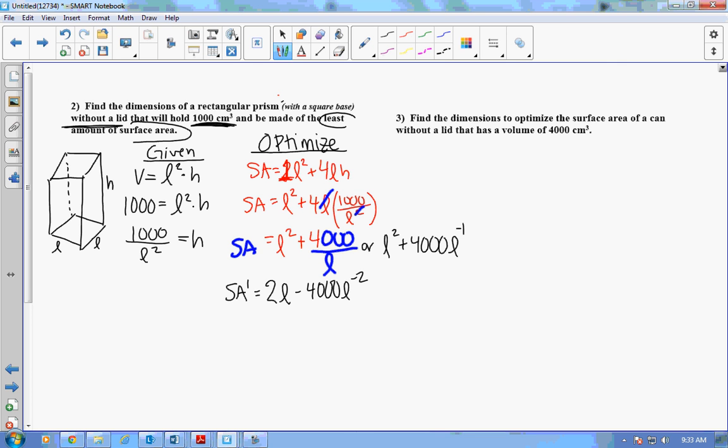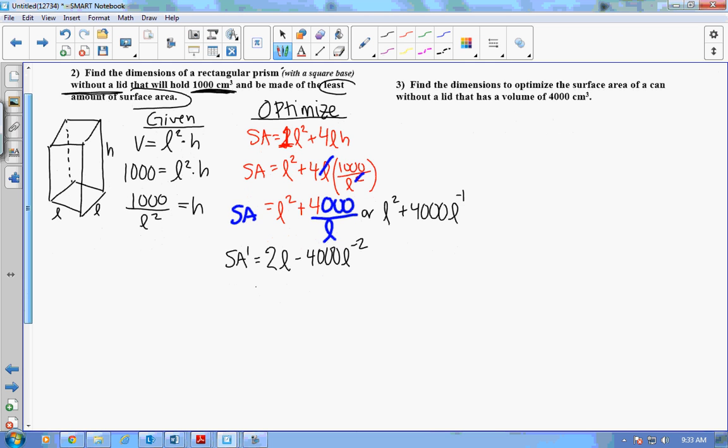Great. Yep. So if we rewrote that, 2L minus 4,000 over L squared. Okay, that's SA prime. Now we look for critical points, which is when what?